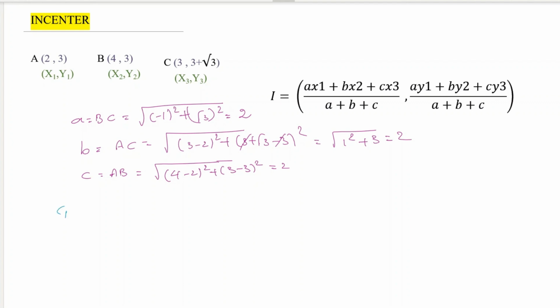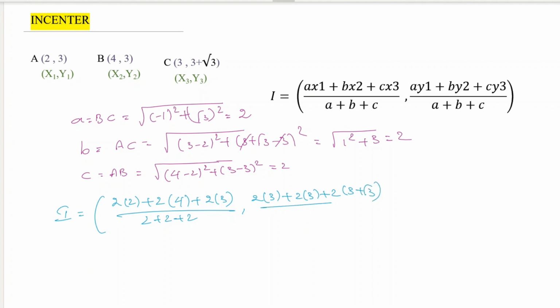Now we'll try to find the incenter. I is equal to (a x1 + b x2 + c x3)/(a + b + c), comma, (a y1 + b y2 + c y3)/(a + b + c), that's 6 here.